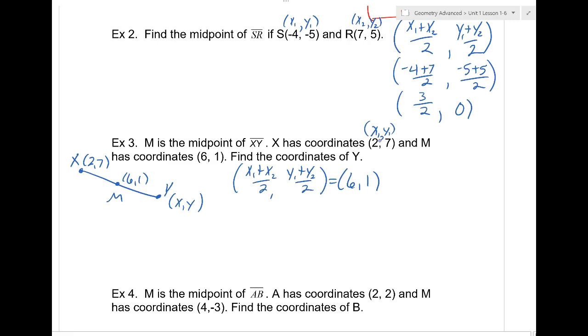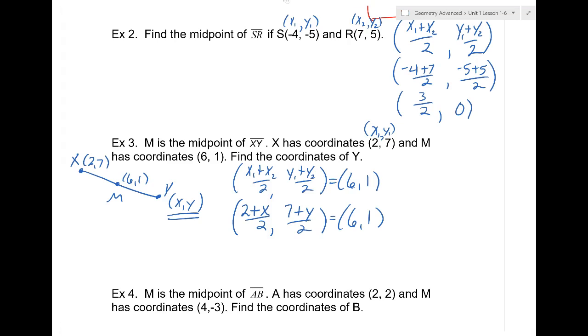It's one of my 2 points. And can't I call this one x2, y2, x and y? Because then I can plug it into my formula. So then I got my x1 is 2 plus x all over 2, then I get my y1, which is 7, plus y over 2 equals 6, 1.